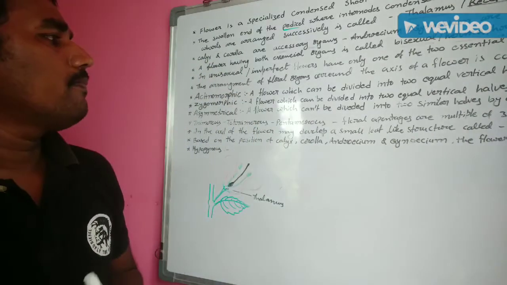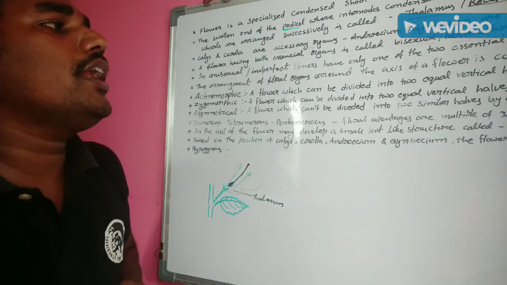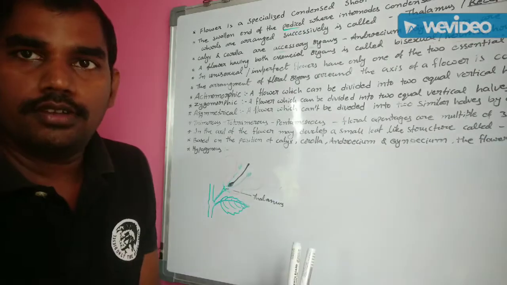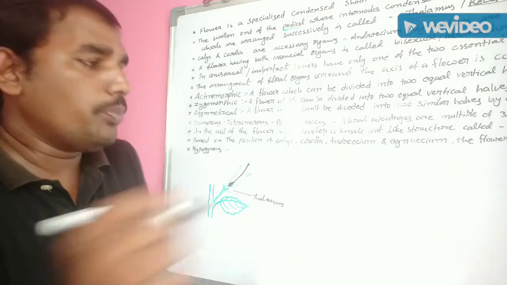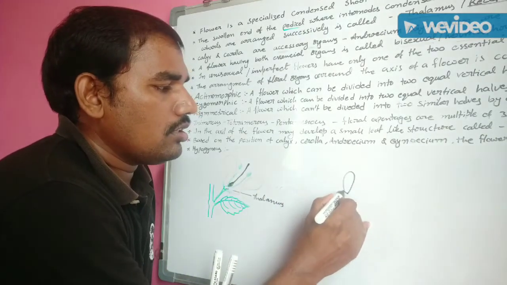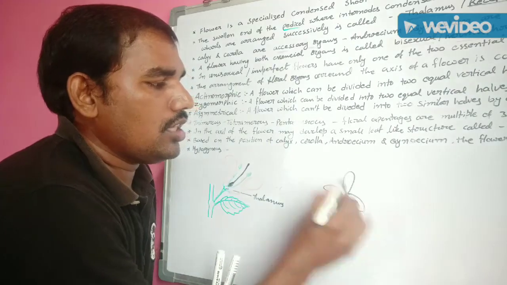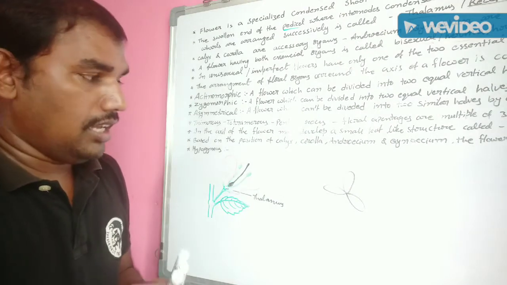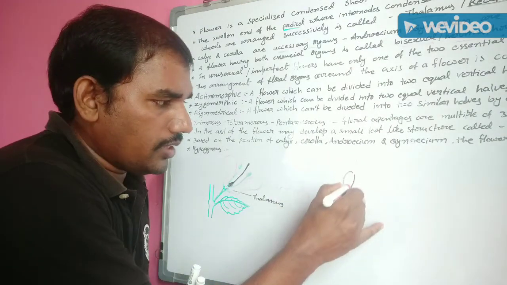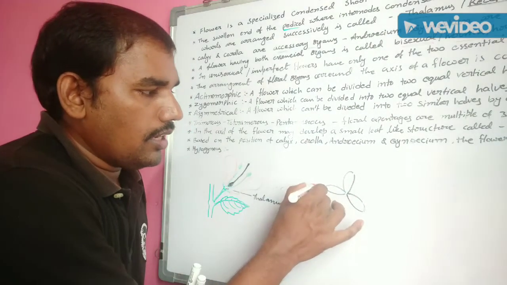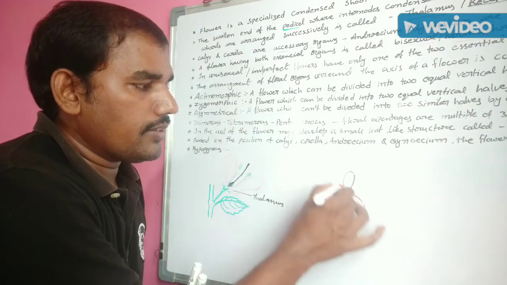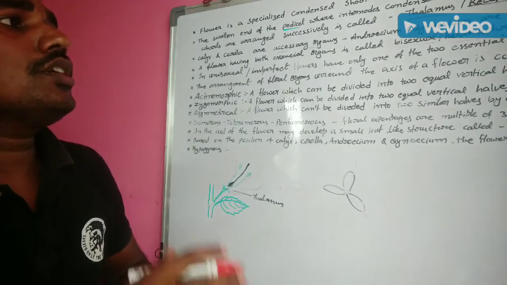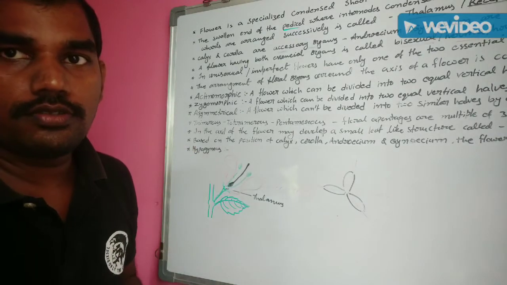Actinomorphic means a flower which can be divided into two equal vertical halves by any vertical plane. Suppose this one is a flower. If you cut in any vertical plane like this, any vertical plane gives two equal halves.